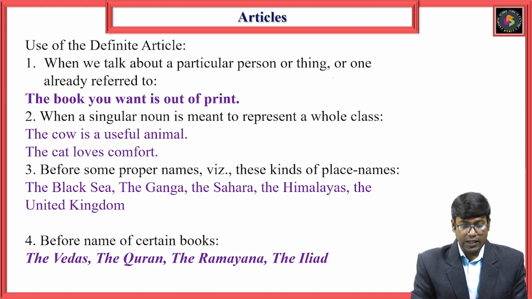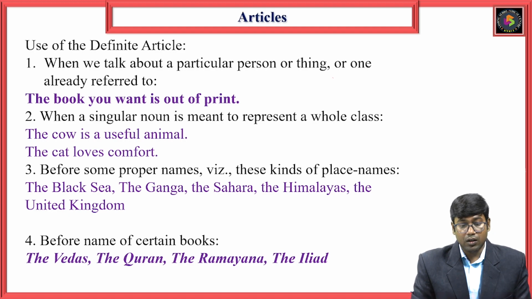The next section is the before some proper nouns. That is the Black Sea, the Atlantic, the specific oceans, the Ganges, the Sahara, the Himalayas, the Alps, the United Kingdom, the Republic of any nation.